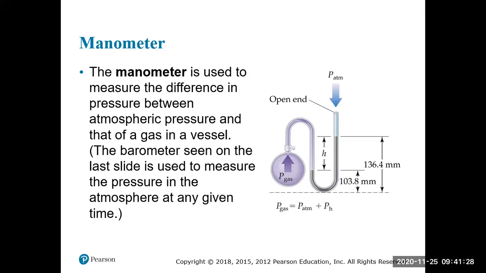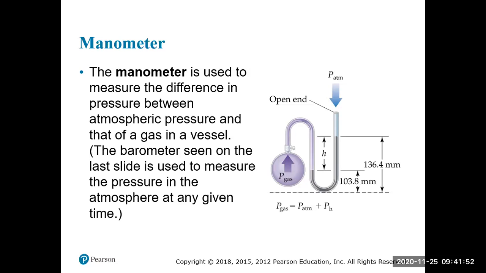It's similar to the barometer that we saw on the previous slide, except in this case you have a tube with some mercury in it, and you hook one side of the tube up to the container you're trying to measure.